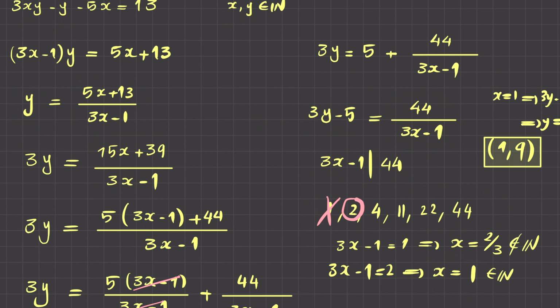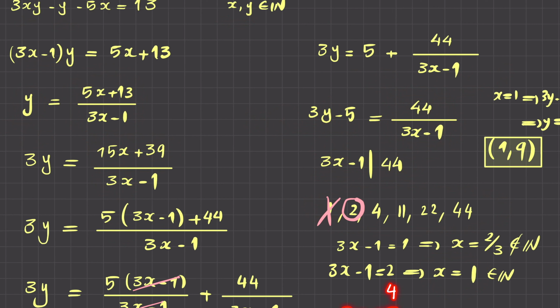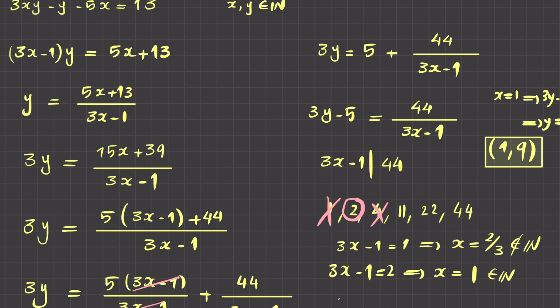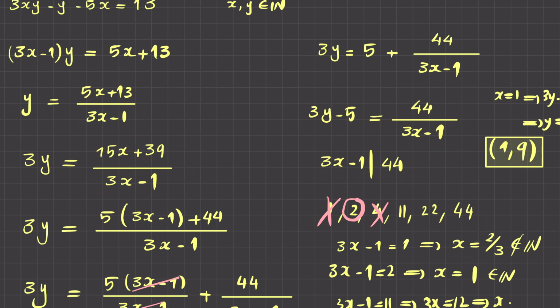Okay, but is 4 acceptable? No, if this is 4, then 3x becomes 5, and again x is 5 over 3, which is not an integer, so let me take that off as well. But 11 is acceptable, because if 3x minus 1 is equal to 11, it means 3x is equal to 12, and it means that x is equal to 4.